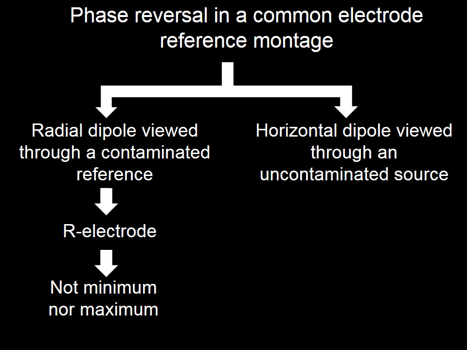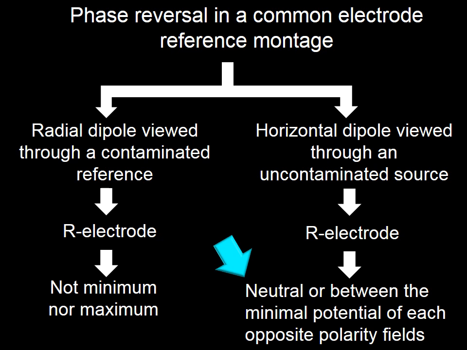The other possibility is that we may be dealing with a horizontal dipole viewed from a non-contaminated source. So in this case, the common reference electrode is either neutral, or at least it is between the minimal potential of each opposite polarity field.